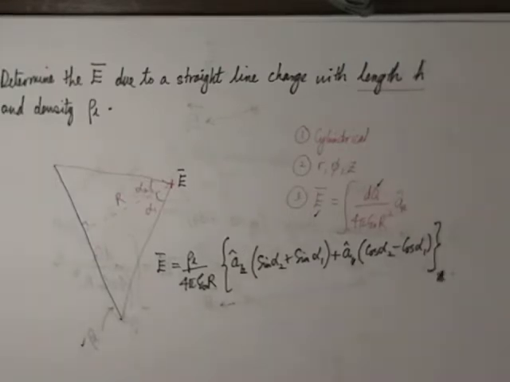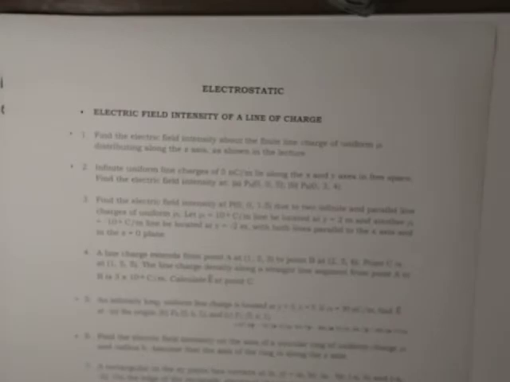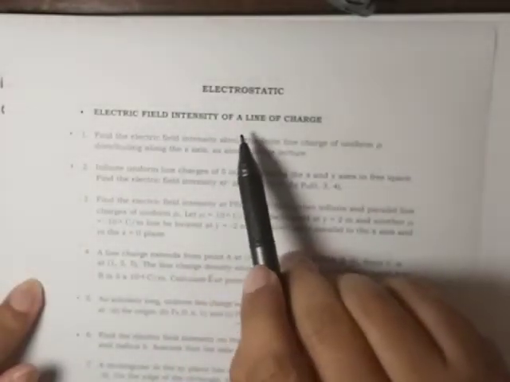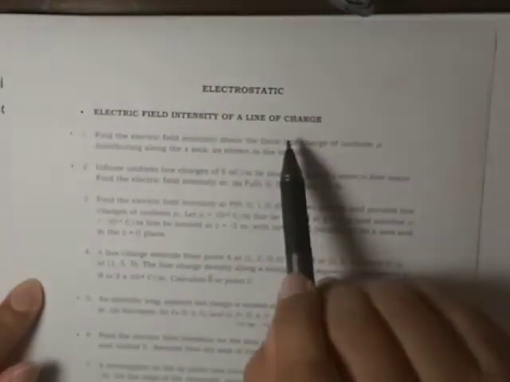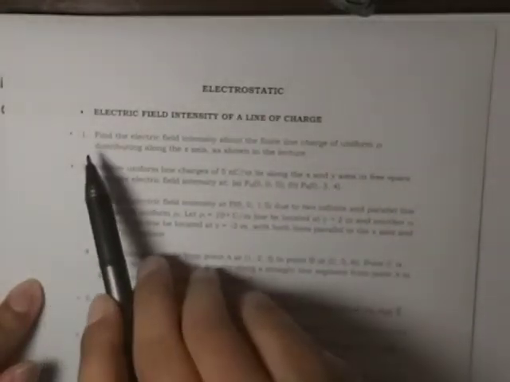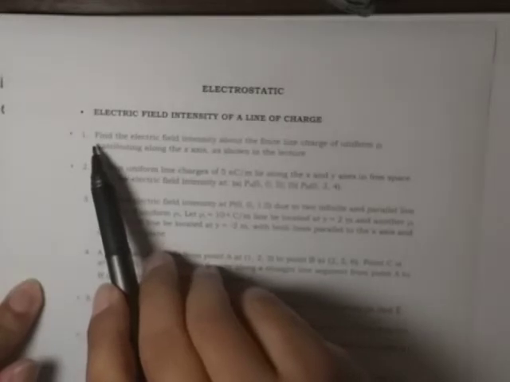So we have done this problem with quite a clear approach. If you refer to our handout number 4, page number 2, you can see a section on page 2 which defines the electric field intensity of a line charge. This is what we are dealing with now. The problem that we are solving now is the same as question number 1 here.